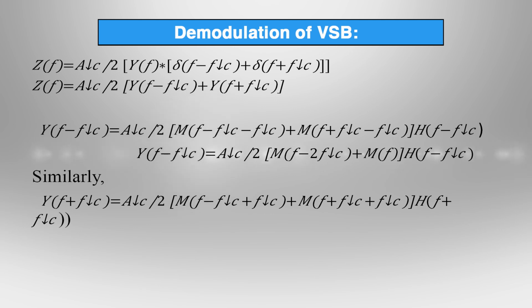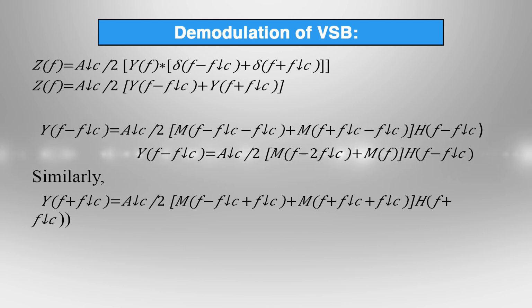Therefore, we can write Y(f − fc) by simply substituting f − fc in place of f: Y(f − fc) equal to Ac/2 times [M(f − fc − fc) + M(f − fc + fc)] whole multiplied by H(f − fc), or simplified, Y(f − fc) equal to Ac/2 times [M(f − 2fc) + M(f)] whole multiplied by H(f − fc).